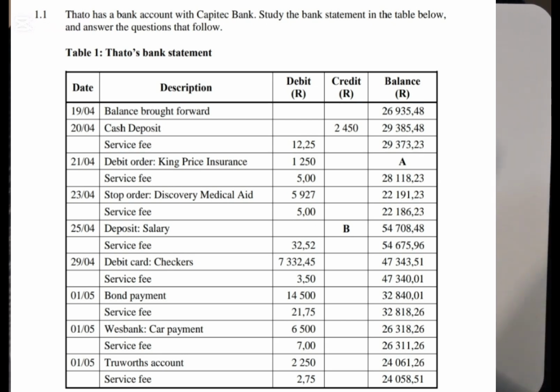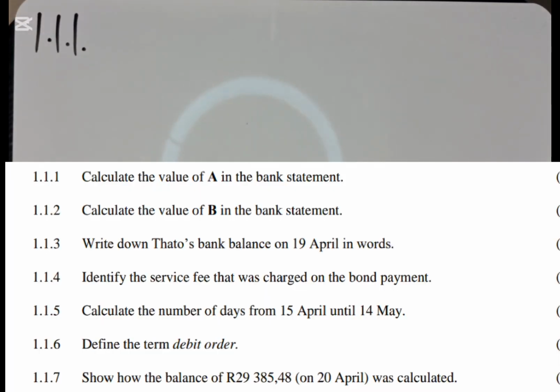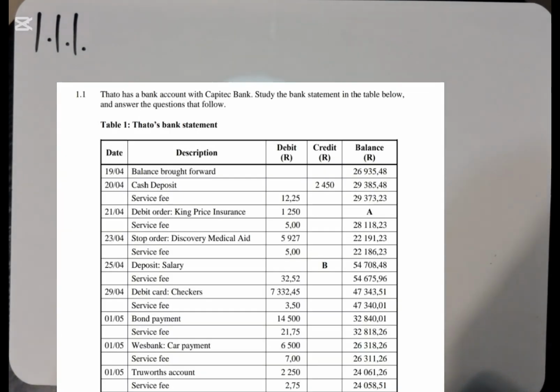So if we check here, the first question says, calculate the value of A. We just spoke about the value of A. If we look at the value of A here, it's under the balance.